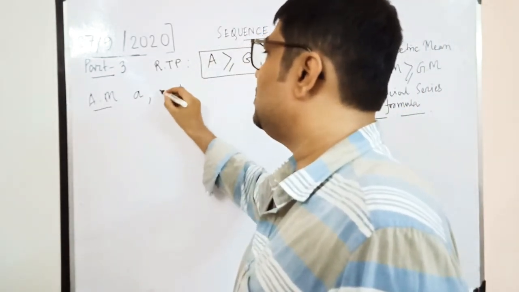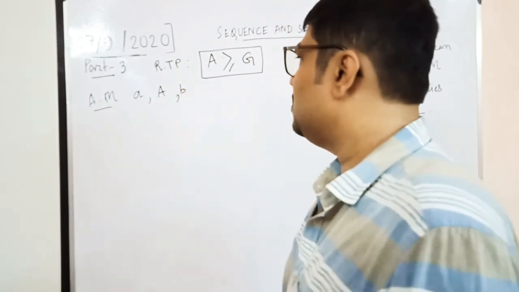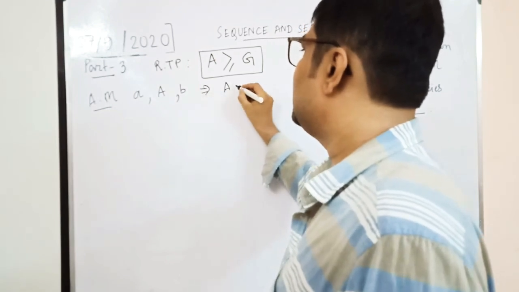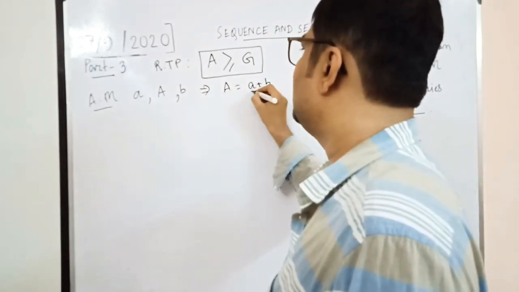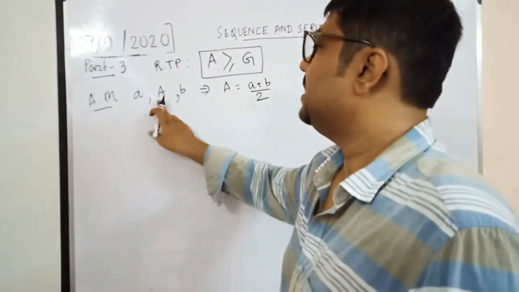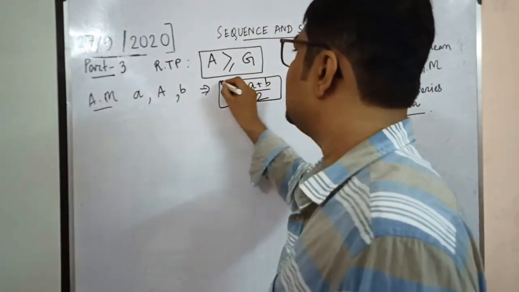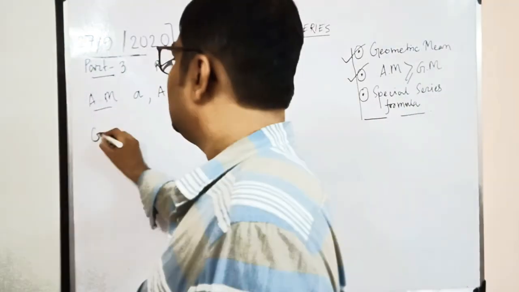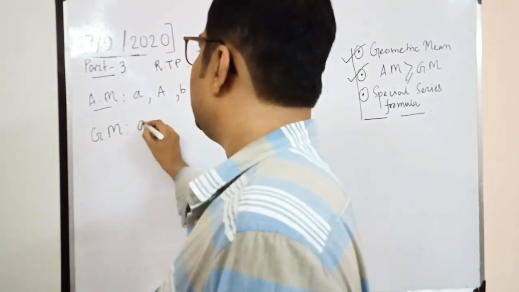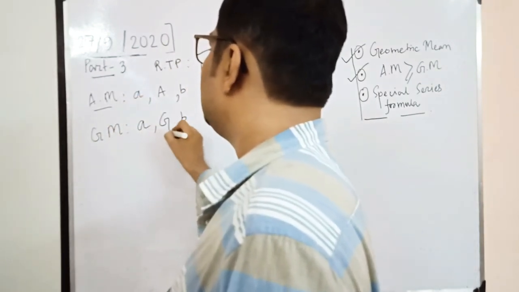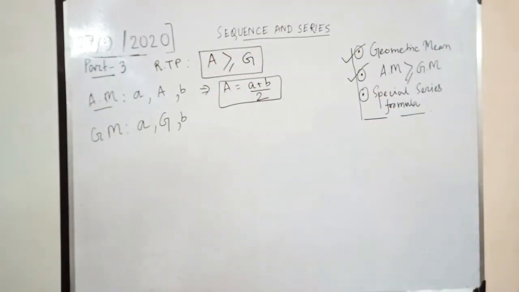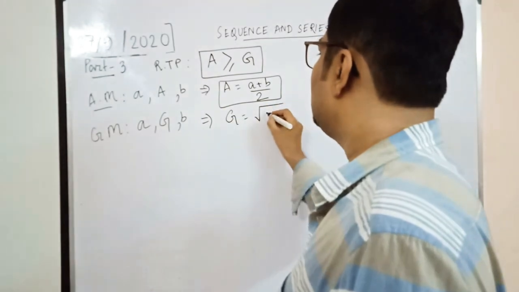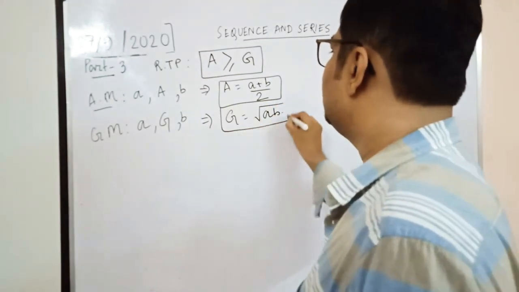So if A is the arithmetic mean, you know that A is equal to (a plus b) by 2, because you know the condition that 2A equals a plus b. Now for GM, if two numbers a and b are taken and you get their geometric mean G, that also you know that G will be equal to root over ab. So I take the positive root over here.